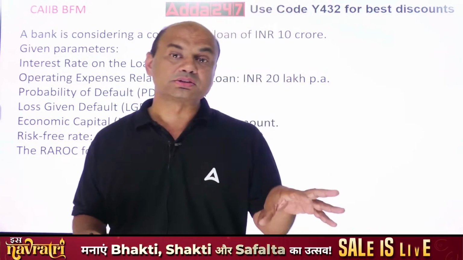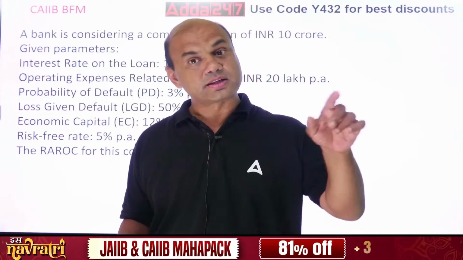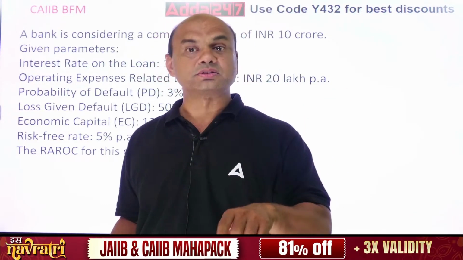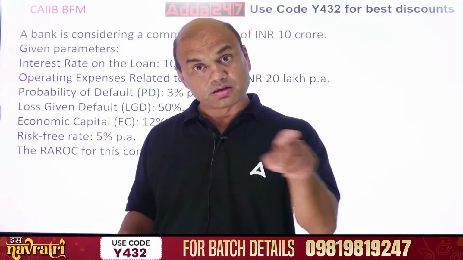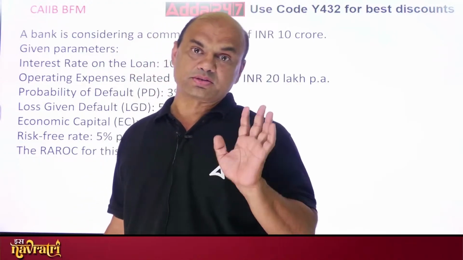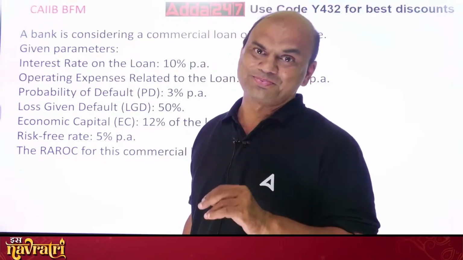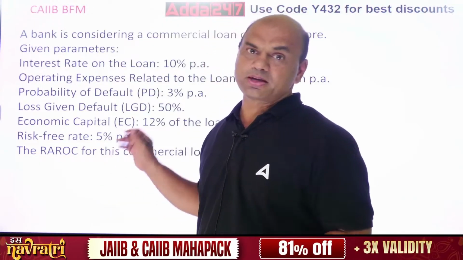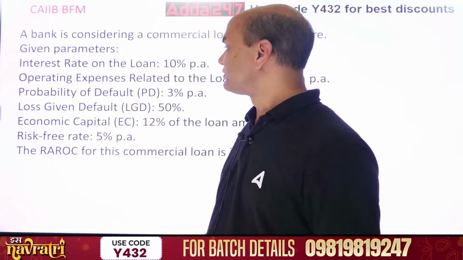Means housing loans, how many loans were given in last 10 years per year, and what is the NPA? Commercial loans, how many loans were given per year, and what was the NPA per year? And that percentage, the weighted average we calculate. Then you get the probability of default. But in exam, it will be given to you. I just gave you the background of this.